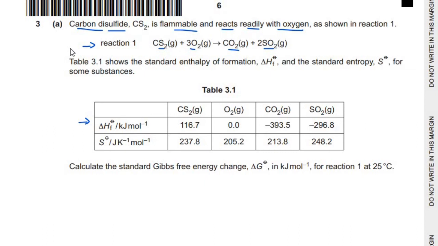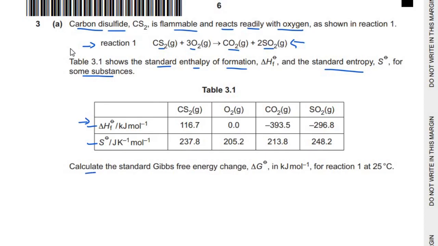Table 3.1 shows the standard enthalpy of formation and the standard entropy for some substances. So these are the reactants and products participating in the reaction here, and the enthalpy of formation and entropy of each of these substances are given here.